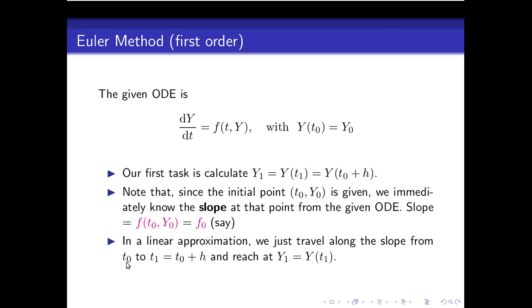So we move from t0 to t1, but not in a straight line parallel to the t axis, but along a straight line which has the slope f(t0, y0), that is f0. So let us graphically see this, and I think this will be clear to you.